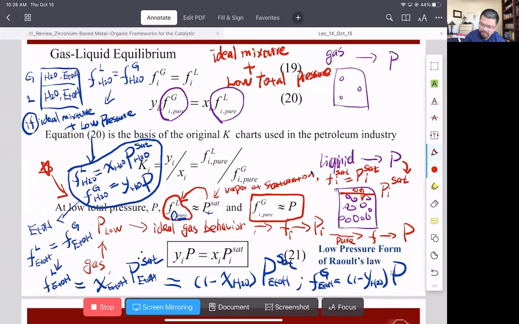If we satisfy those two assumptions, then we are going to use this low pressure form of Raoult's law. So Raoult's law itself is coming from the ideal mixture assumption, and we need to satisfy one extra assumption.